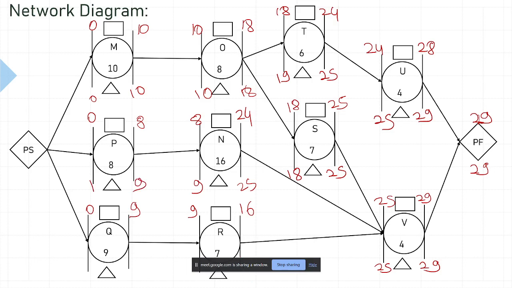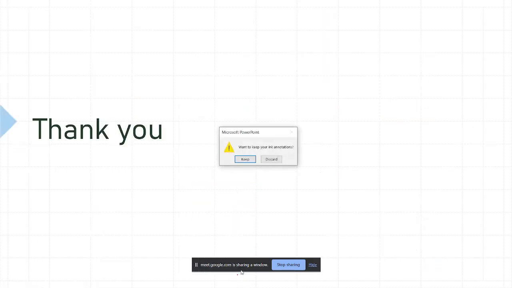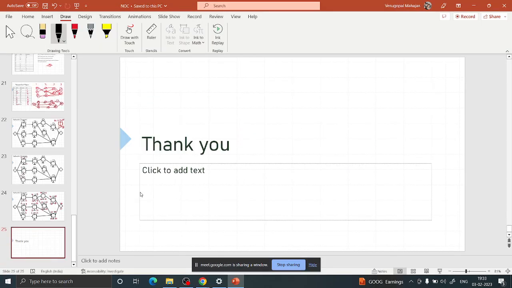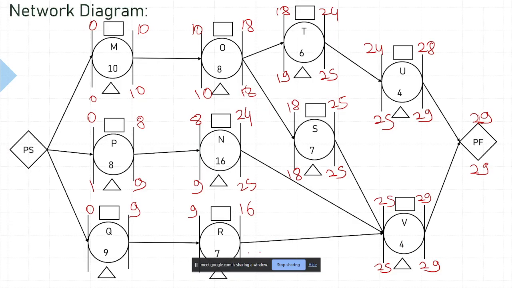What about these values for activity R? Can somebody tell me? 25 and 18. Okay. 25, 18.